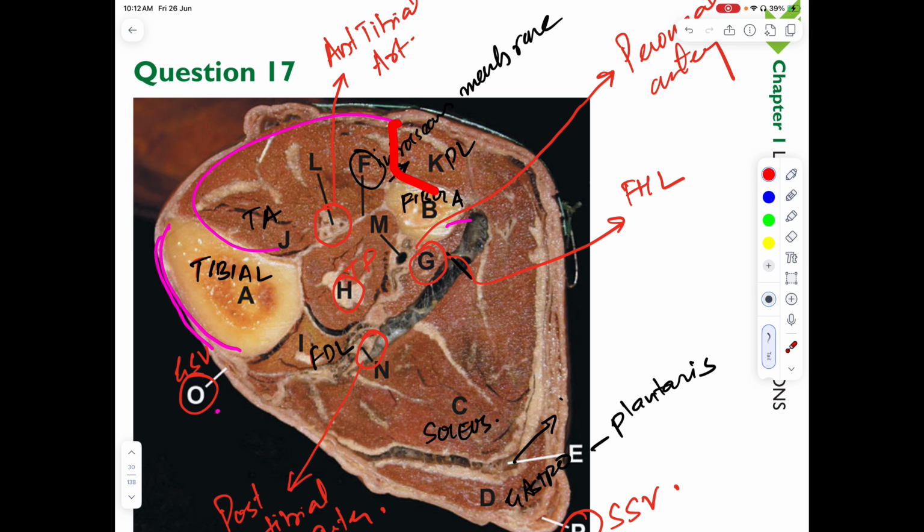These are the muscles of the deep posterior compartment, and these are the muscles of the superficial posterior compartment: gastrocnemius, soleus, medial and lateral heads. Then flexor digitorum longus, tibialis posterior, and tibialis anterior.